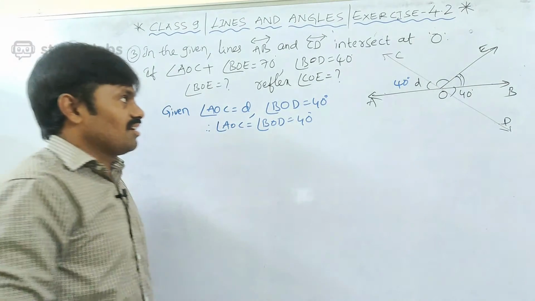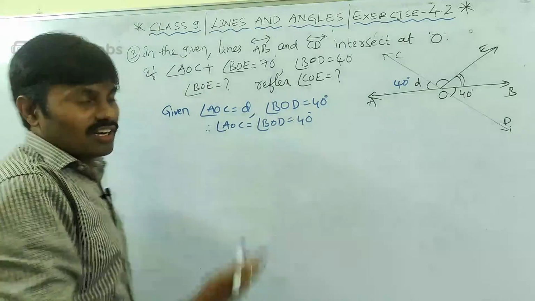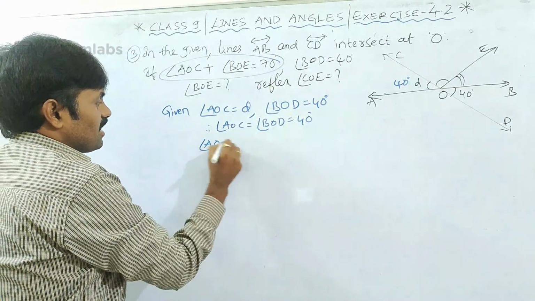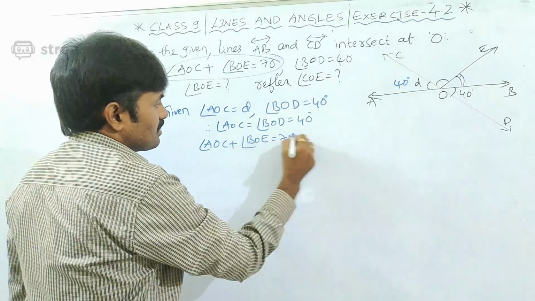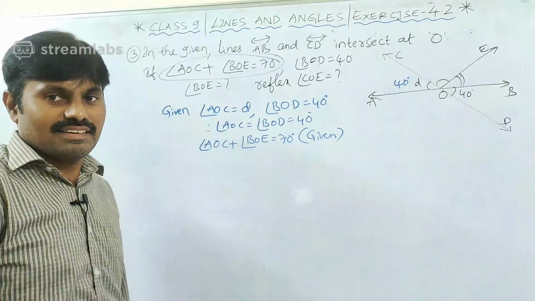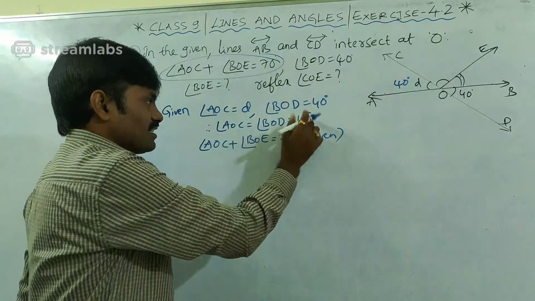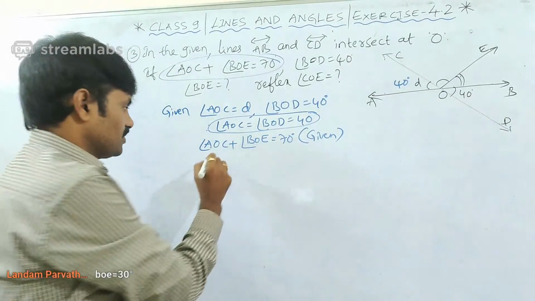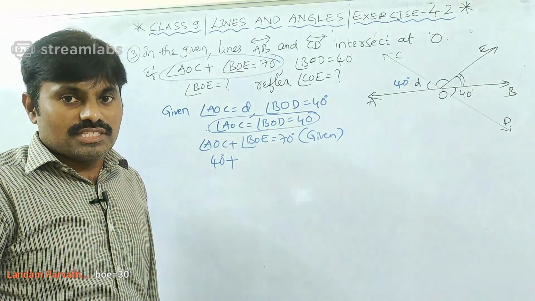Now what did they ask? They asked us to find angle BOE. Now we know they have given one relation. What is that relation? Given angle AOC plus angle BOE is equal to 70 degrees. Now we replace angle AOC by 40 degrees, as we already found.